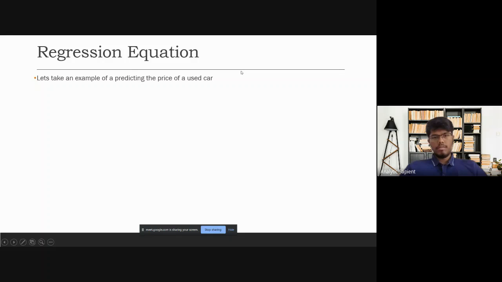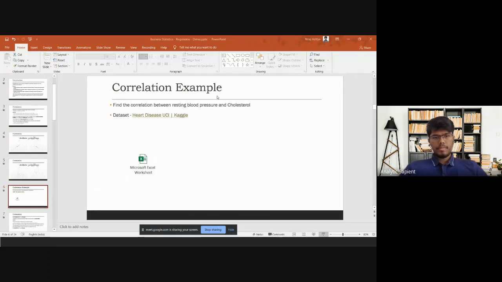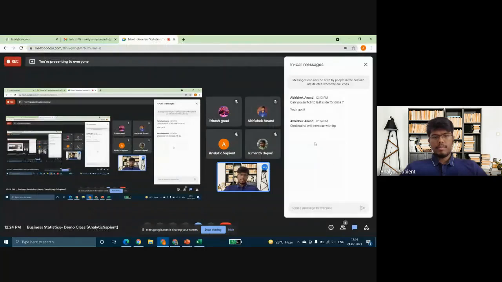What could be the factors to determine the price of a used car?